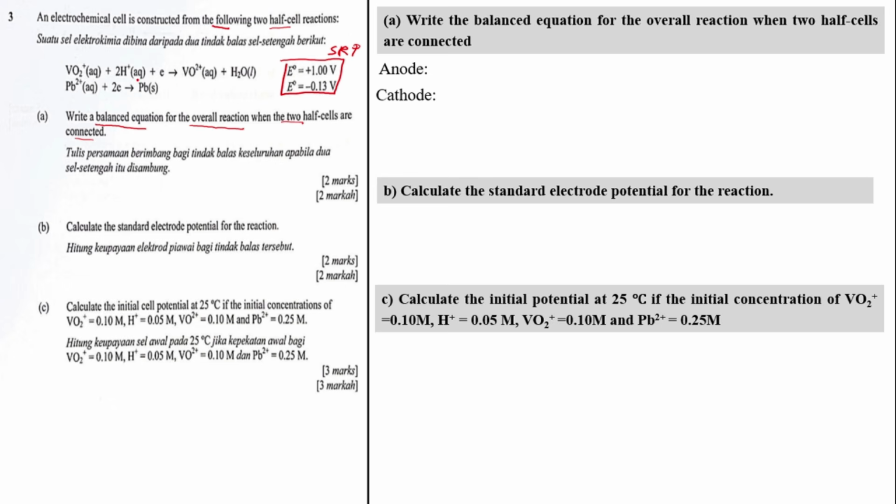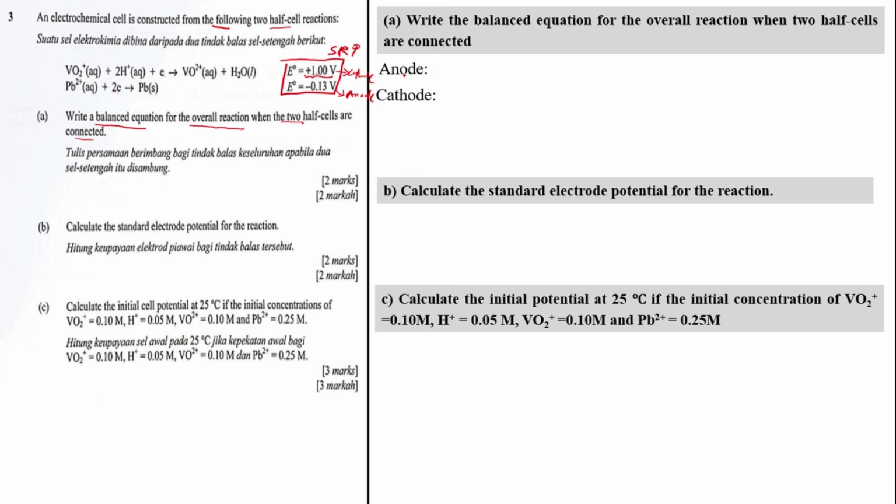So both of these equations are in reduction state because they accept electrons. Dua-dua menerima elektron. Okay, so from the SRP value here, the more positive value, which is this one, will be at the cathode. Meanwhile, the more negative value will be at the anode. Okay, so this is the easiest way to determine that.